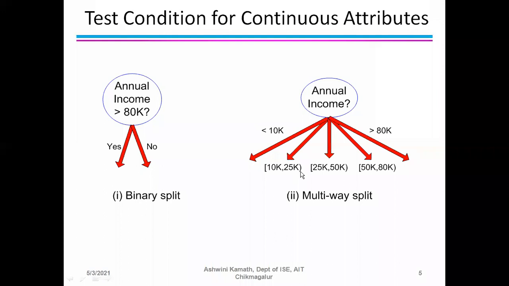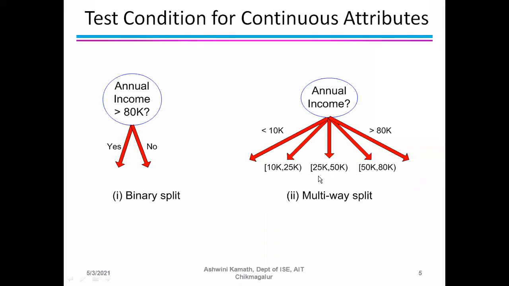So include 10K, exclude 25K, but the range is in between 10K and 25K. It might be 11K, 15K, or 17K, up to 25K, excluding 25K.